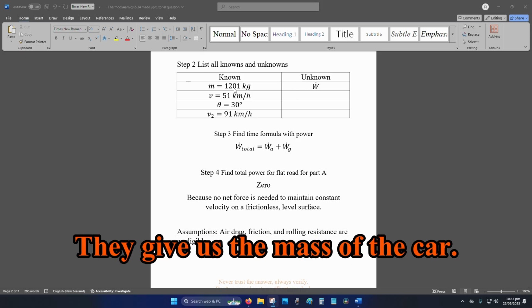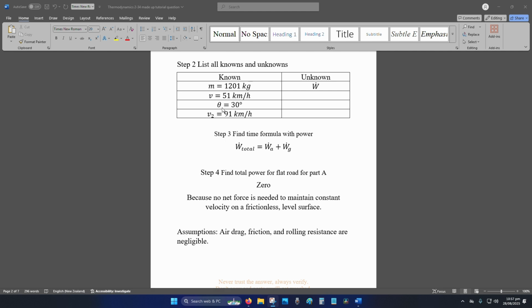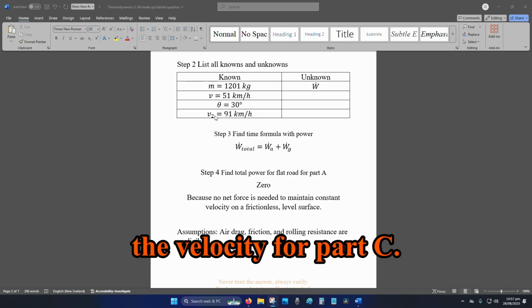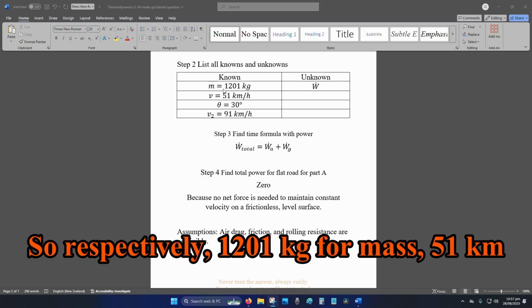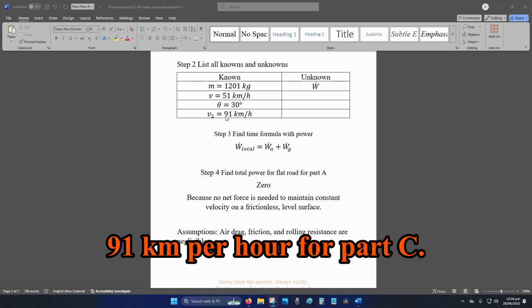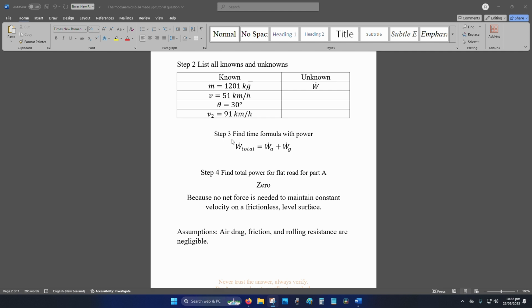They give us the mass of the car, they give us the velocity for part B, they give us the angle for part B as well, and then they give us the velocity for part C. So, respectively, 1,201 kilograms for mass, 51 kilometers per hour, 30 degrees for the angle, 91 kilometers per hour for part C. Step 3, find the formula for power.